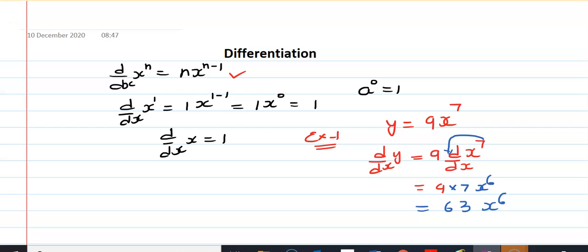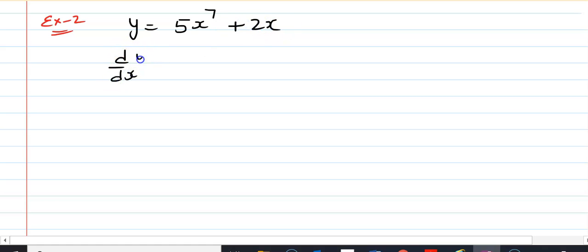Okay, let's see the next question. So this is example 2. Example 2 is, if y equals 5x to the power 7 plus 2x. We need to put d over dx with y, that is differentiation of y with respect to x. 5 is out, it will be d over dx of x to the power 7, then 2 is out, d over dx of x here.